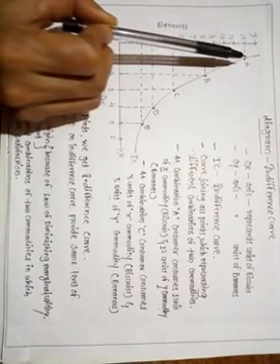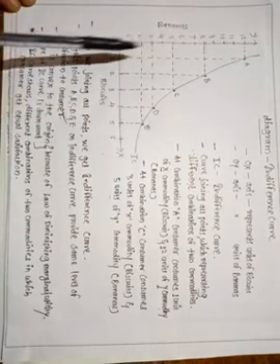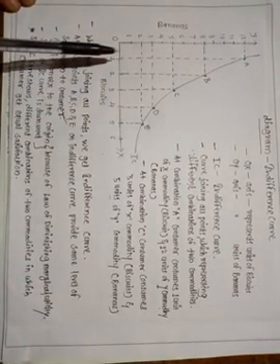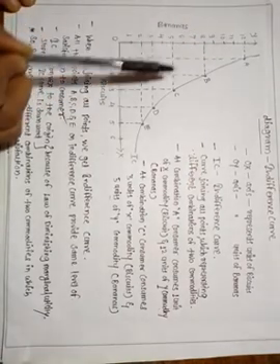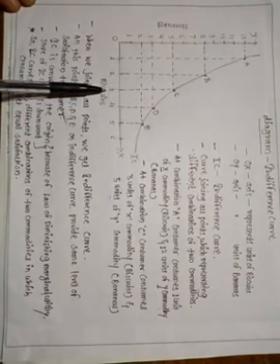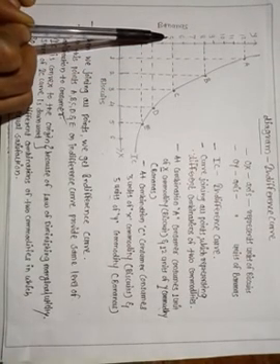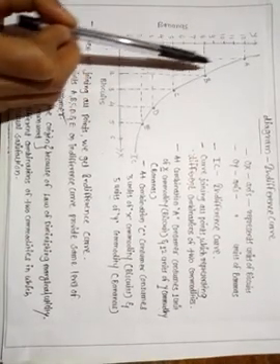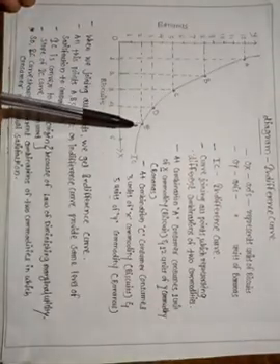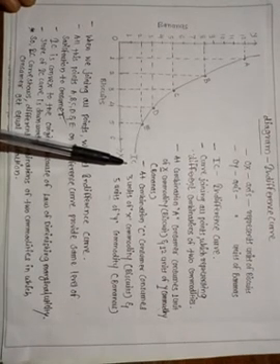At combination A, the consumer consumes 1 unit of biscuit and 12 units of bananas. At combination C, the consumer consumes 3 units of biscuits and 5 units of bananas. When we join all these points, we get the indifference curve.